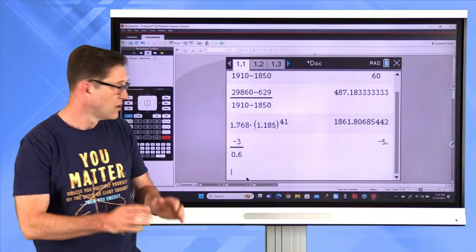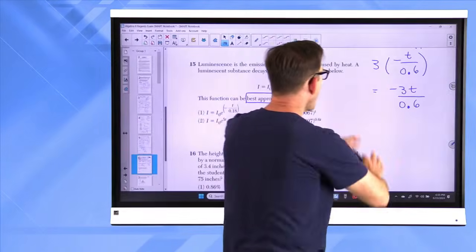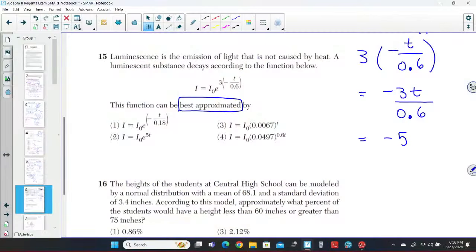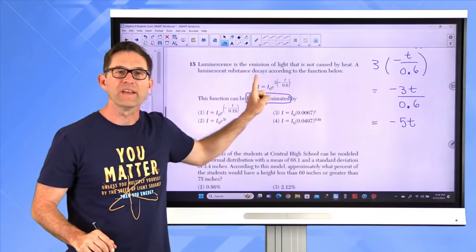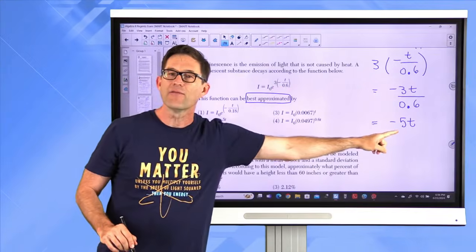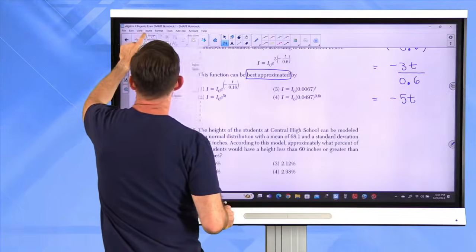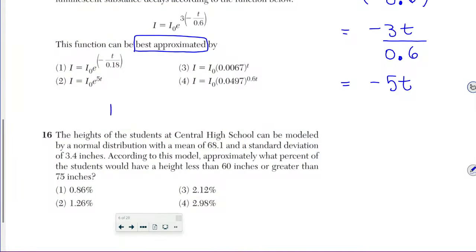So all of this, all of that exponent, is just negative 5t. That means this entire function is I equals I sub 0 e to the negative 5t. Make sure that looks like a negative 5.